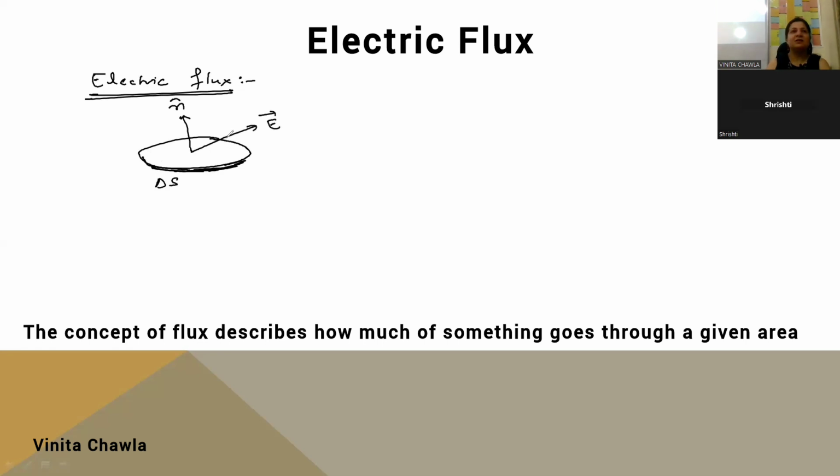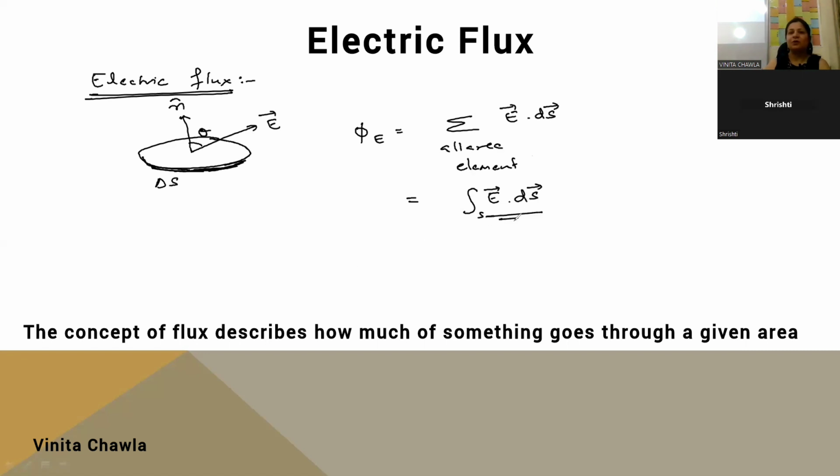The surface is present in an electric field like this, and this is making an angle theta with the area vector. Okay, then we can write electric flux as summation of all the area elements that we can take here on this surface, all area elements, vector E dot vector ds. Or this can be written as surface integral of vector E dot vector ds.